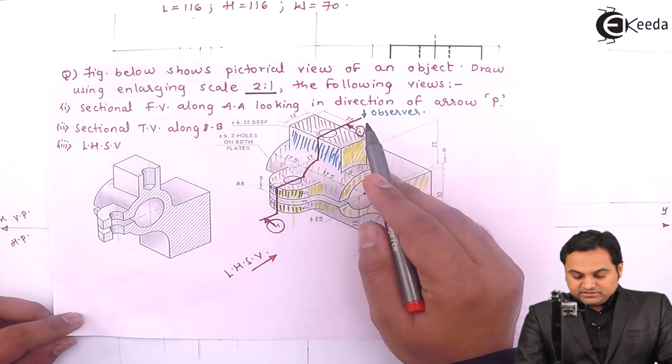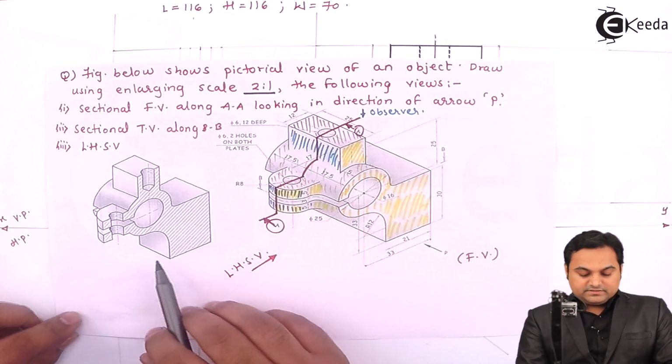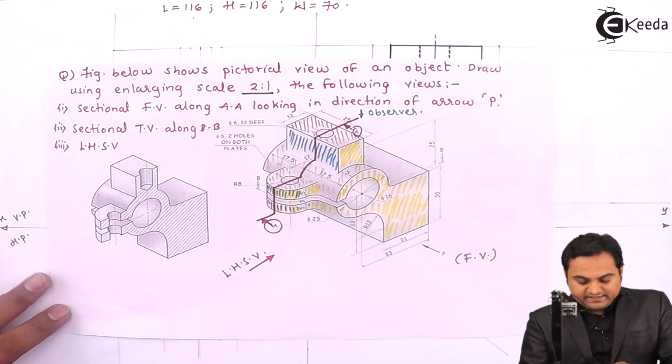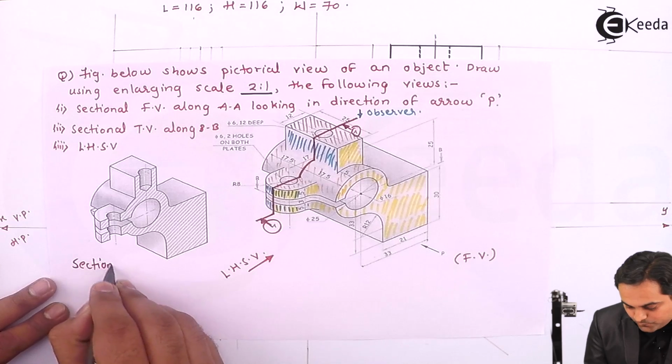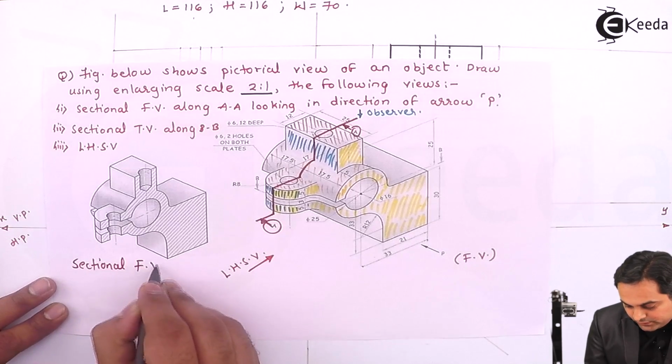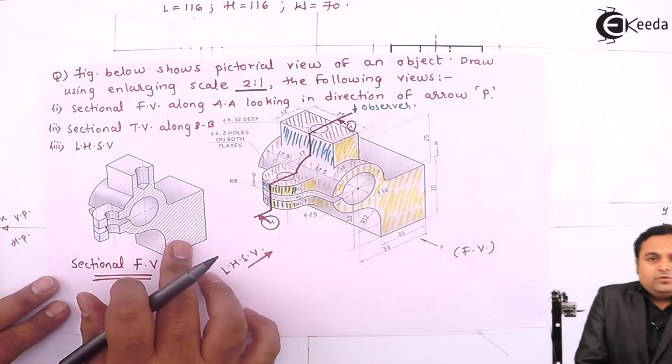So when the object is cut about this line, it will look like this, because this is an added diagram which is given here. This is for the sectional front view. And remember, this is not a part of a question.